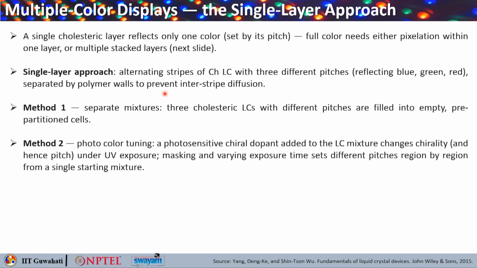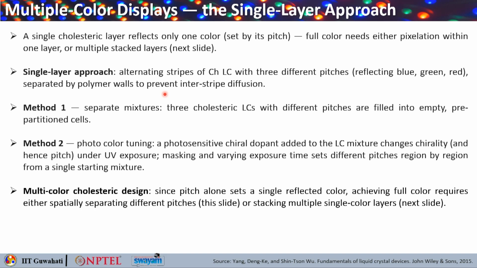The other method can be photocolor tuning. Here a photosensitive chiral dopant can be added to the liquid crystal mixture that changes chirality and hence the pitch upon UV exposure. So by masking and varying the exposure time, that will set different pitches region by region from a single starting mixture.